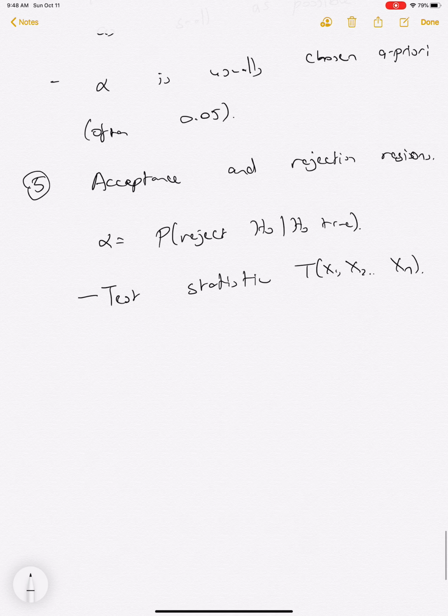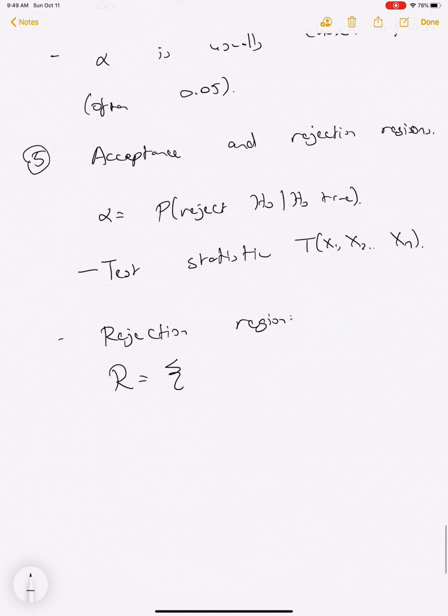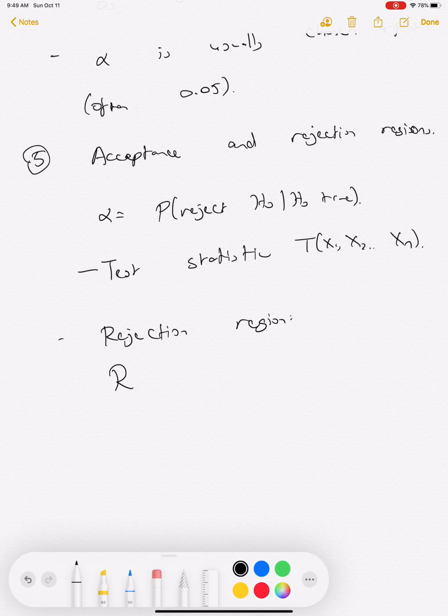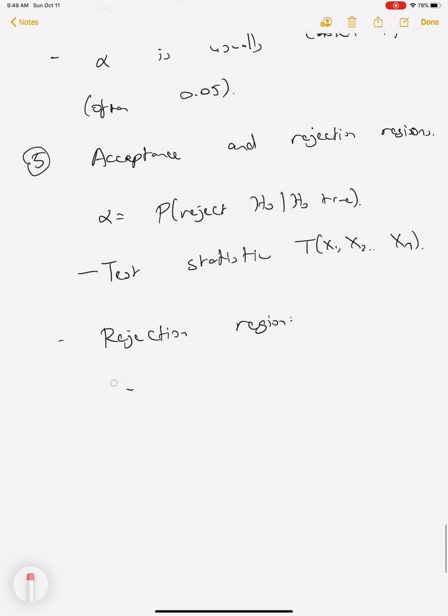So we're going to say the rejection region, we'll call that the set R, so I know that's bad notation. Let me just go back to S. Sorry about that.